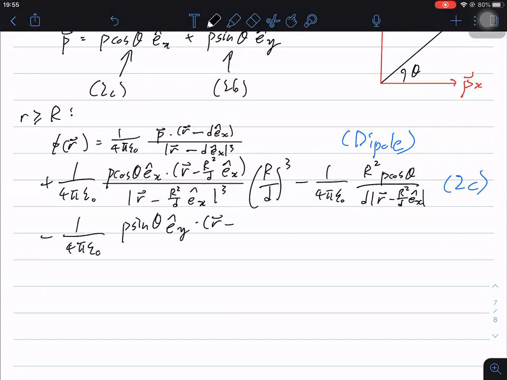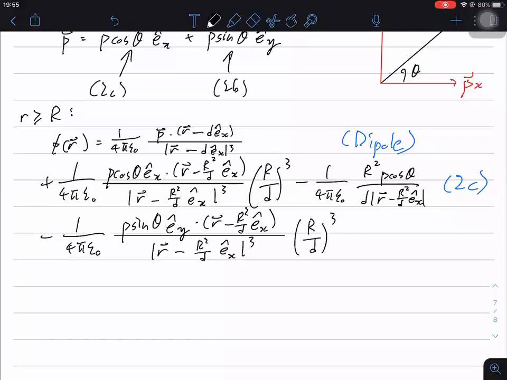And for the perpendicular component, we have this form, just the image dipole only.